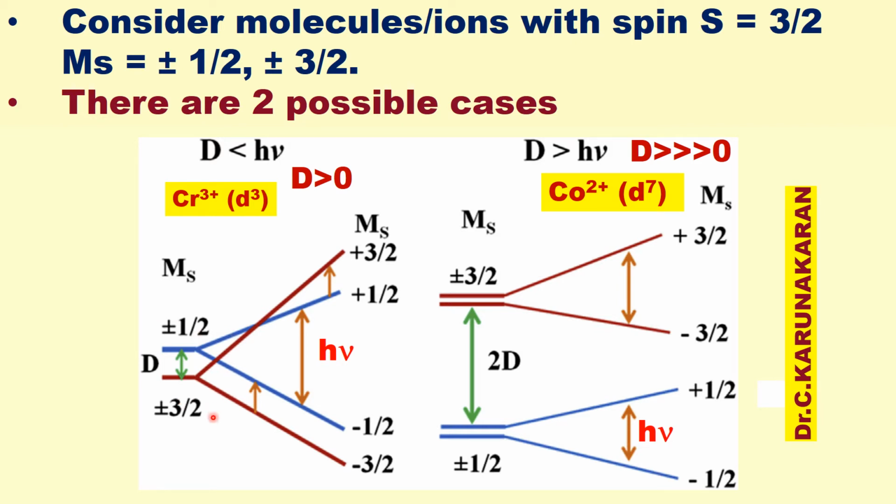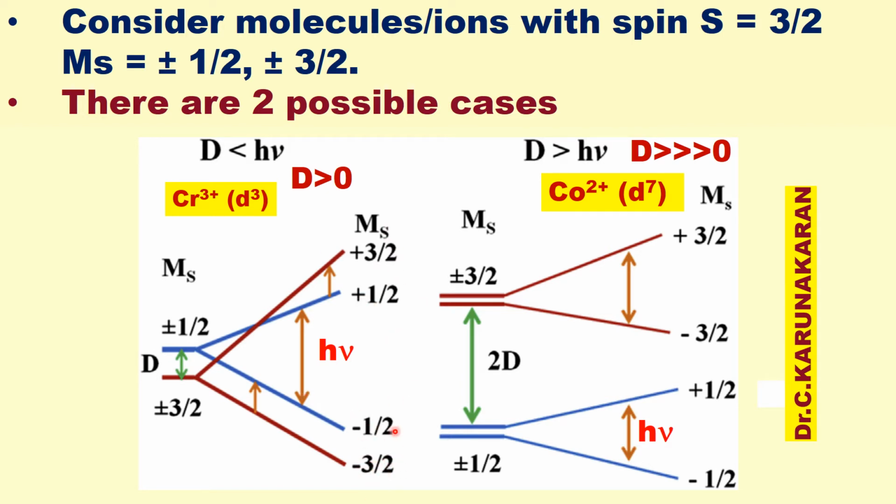In the presence of zero field splitting, it splits into 2 levels. In the presence of Zeeman splitting, in the presence of magnetic field, it splits into 4 levels with minus 3 by 2 as the ground state for EPR. For Mi in NMR, plus 3 by 2 is the ground state. It will be opposite.